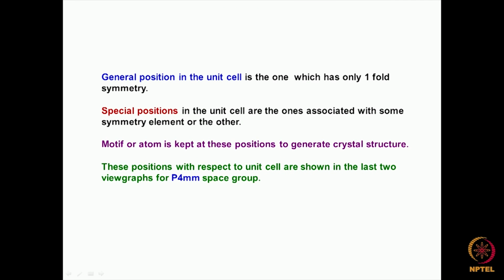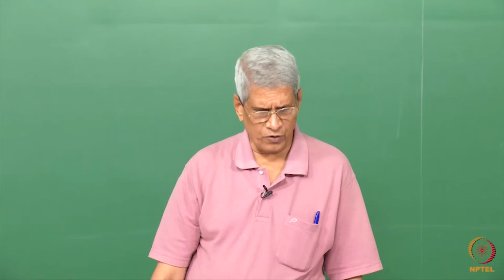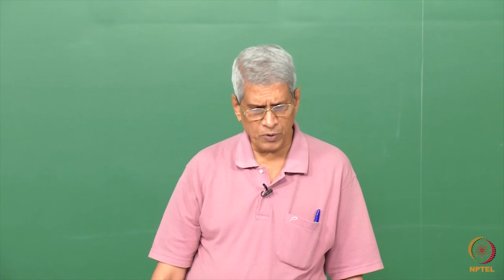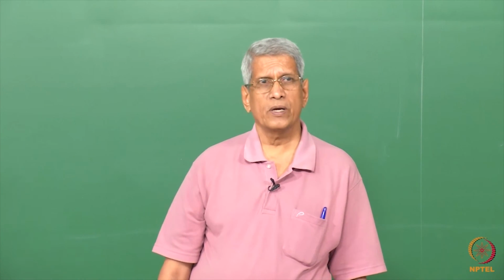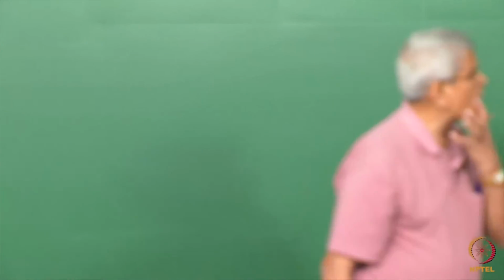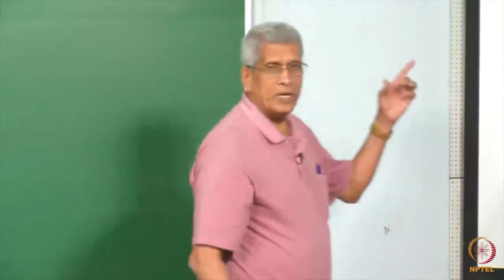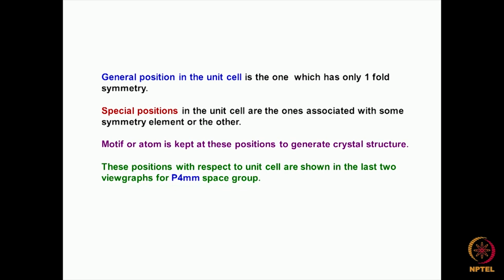Okay. So, in short, the general position where we put it has 1-fold symmetry. The special positions in the unit cell have many symmetries associated with them. Depending upon that, the multiplicity will change.